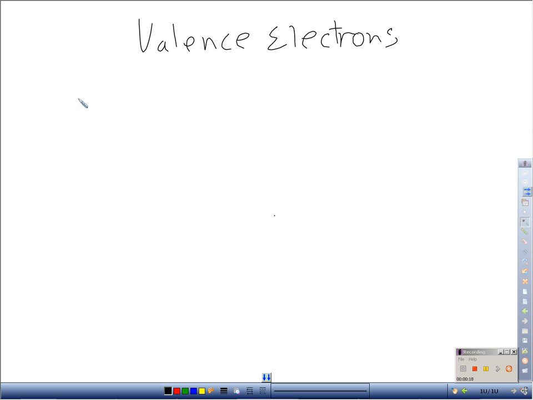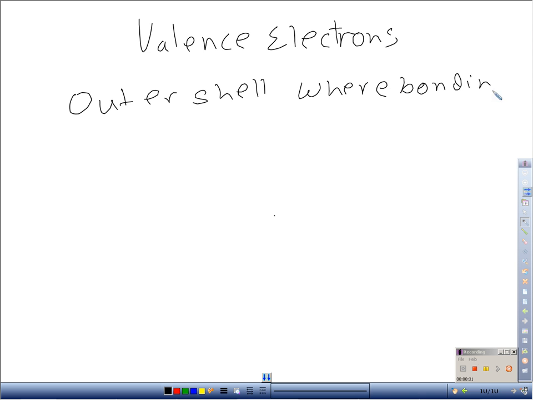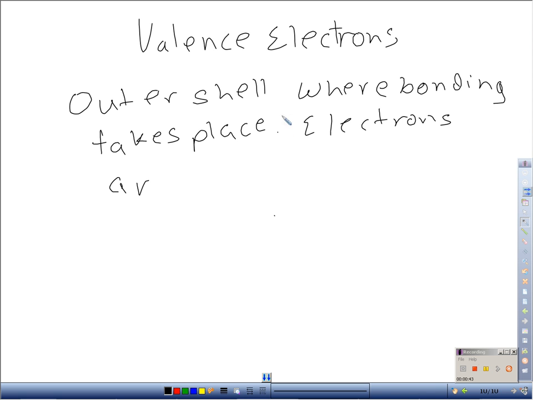Valence electrons are the outer shell where bonding takes place. Valence electrons are traded or shared.